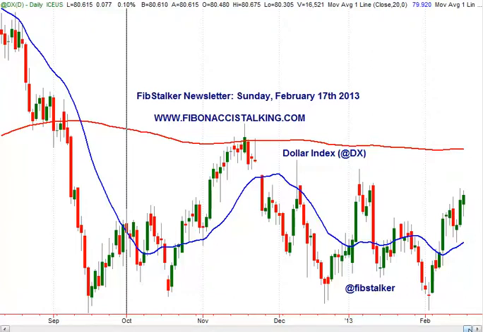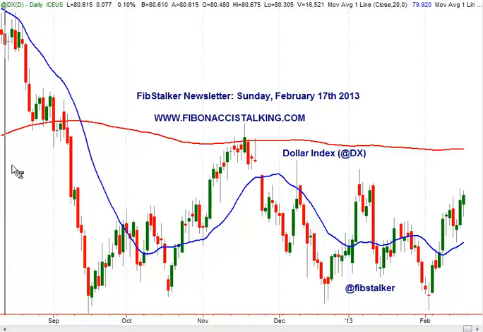The reason why I follow the dollar index is that it's very important because it trades opposite to the euro, and sometimes it can offer hints on what is going to happen to the euro. Also, the dollar index can be a good guide for the other four major pairs like the Canadian dollar, Australian dollar, Japanese yen, and British pound that trade against the US dollar.